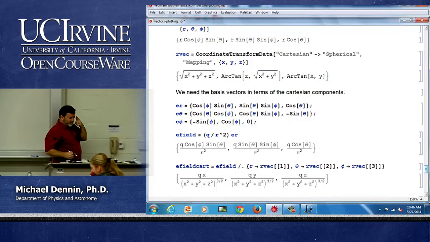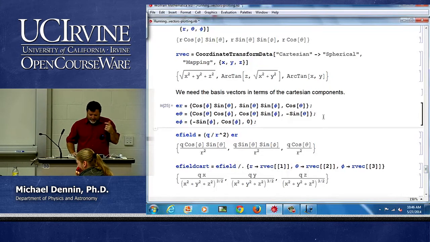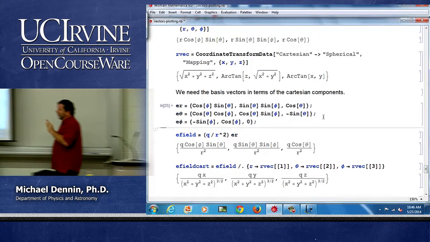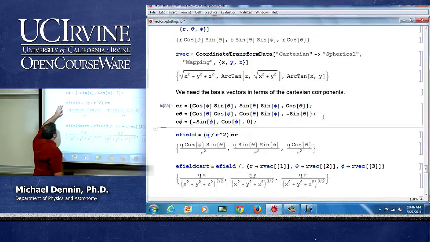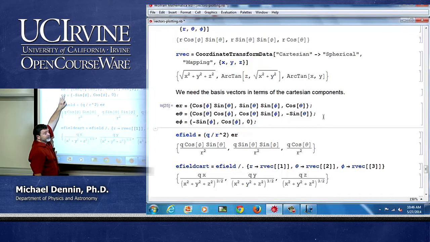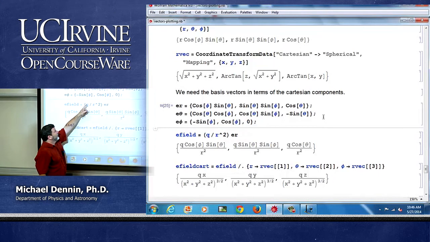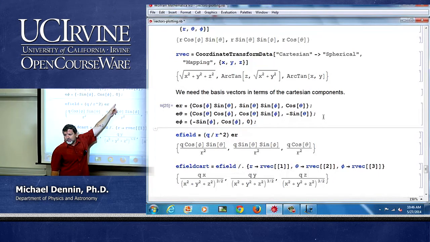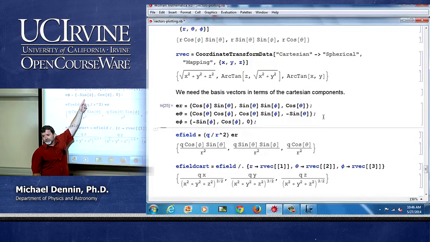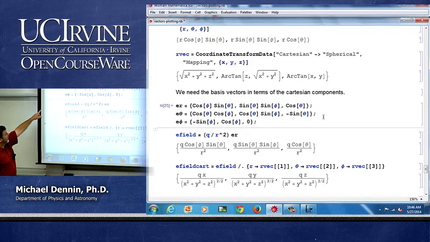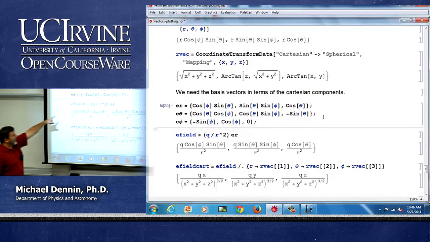And to get there, I can first write them easily. This is a weird thing, so let's look at this notation carefully, and you've got to pay close attention. These are the basis vectors, the x, y, z components of them as a function of r, theta, phi. The easiest way to write them is just your trig. You can see it if you look at r hat and theta hat.